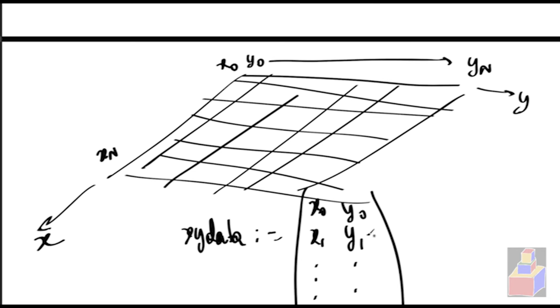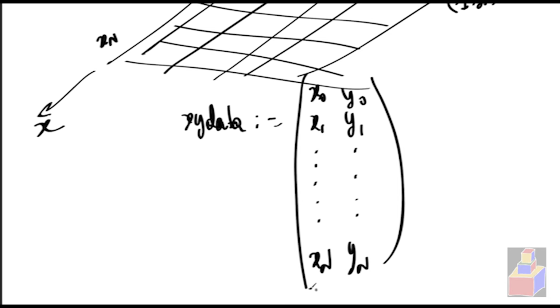So here, this point is X1, Y1. This point here is X1, Yn. Okay? This only tells MathCAD what the values of X and Y are, which are going to be used to calculate the Z values. Let me just show you a simple example here.